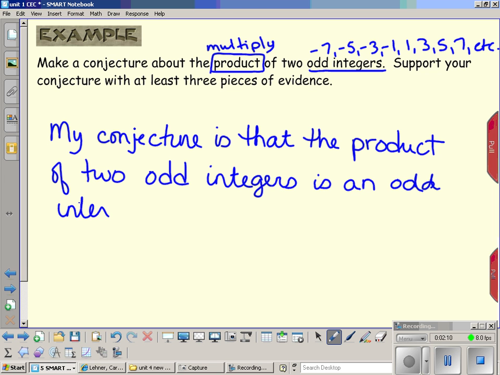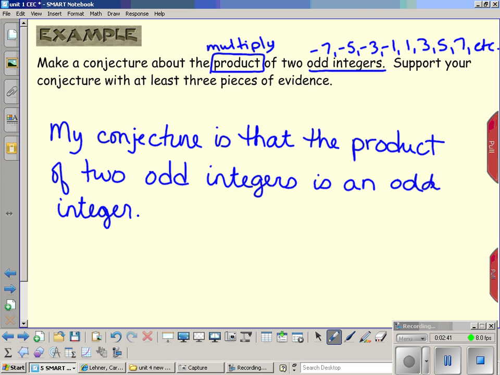And I'm able to make that conjecture because when I look at these and I think to myself, well, if I multiply 3 times 5, I get 15. If I multiply 3 times 7, I get 21. -5 times -11 is 55. Those are all odd numbers. So I can't think right off the top of my head where it wouldn't work, so I'm going to make this conjecture. Now I'm going to test this or support it with at least 3 pieces of evidence.